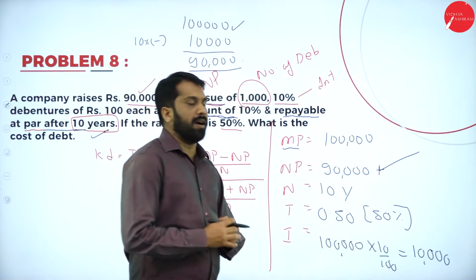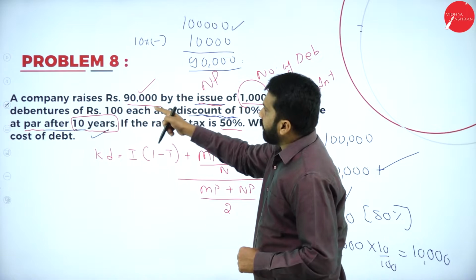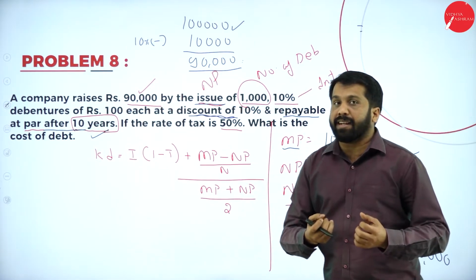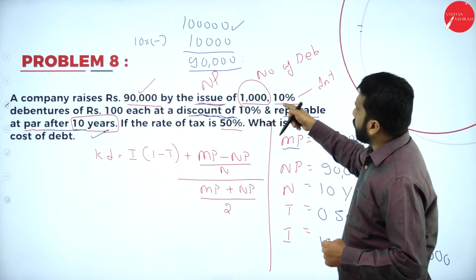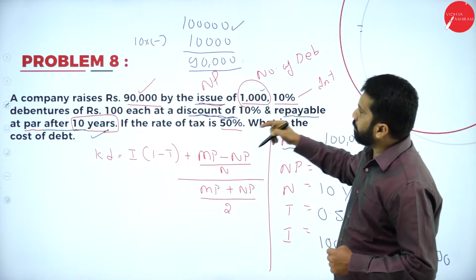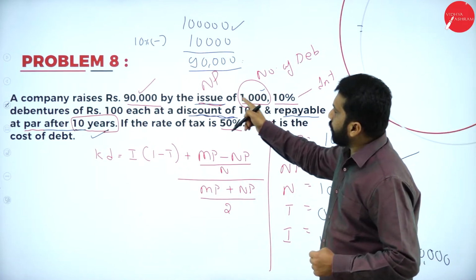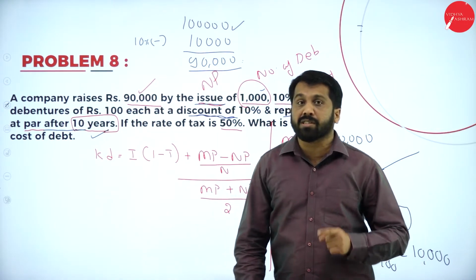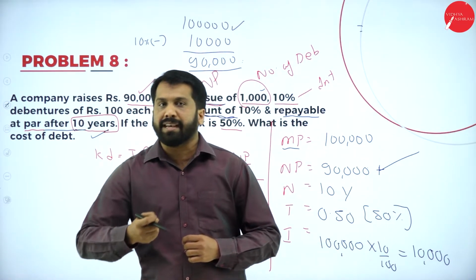I'll teach you now. See, in the question they have given, company raises 90,000. I am taking 90,000 from you, by issue of 1,000, 10% debentures of rupees 100 each. 1,000 into 100, how much is it? 1 lakh. I need 1 lakh, but I'll collect only 90,000.